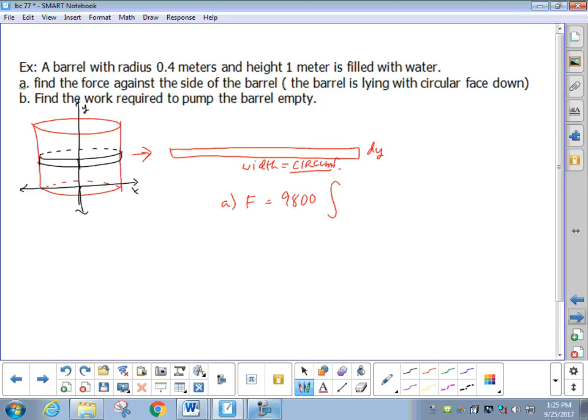So your force integral is 9800, 0 to 1, depth, 1 minus y, area of the slice. 2 pi, oh, pi d, you're doing pi d, that makes sense. Or 2 pi r, and the r is 0.4, so I see where you're saying 0.8, I agree. And the height? Y, nicely done, yes.